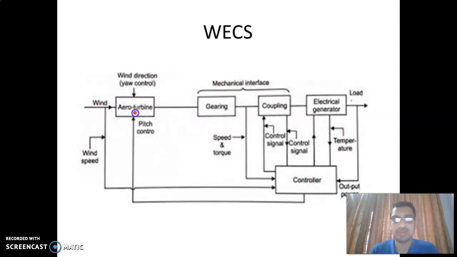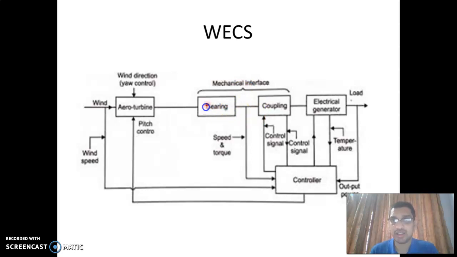The turbine converts the kinetic energy of wind into mechanical energy, and this turbine is coupled with an electrical generator through a common shaft or mechanical interface. The mechanical interface consists of a gearing block and a coupling block.